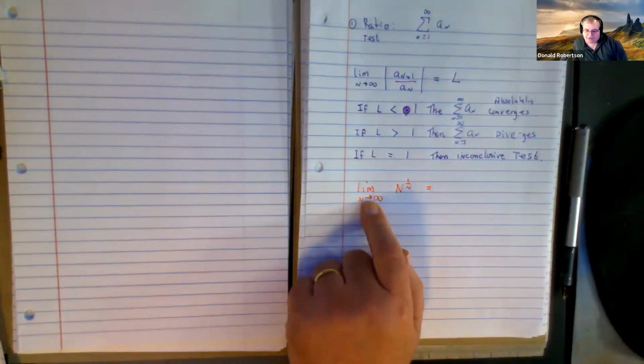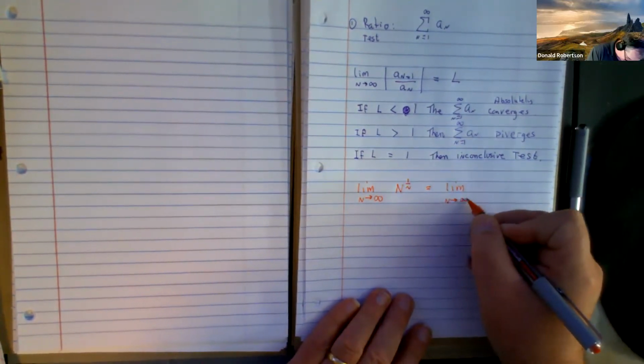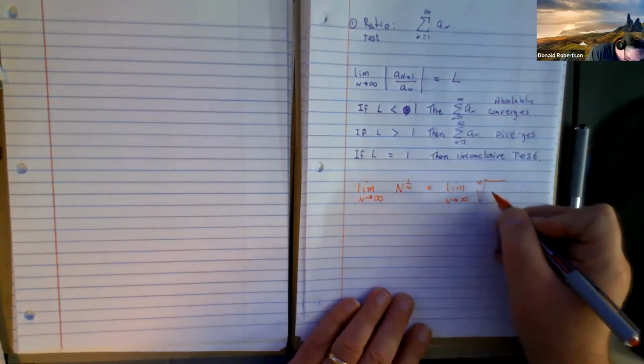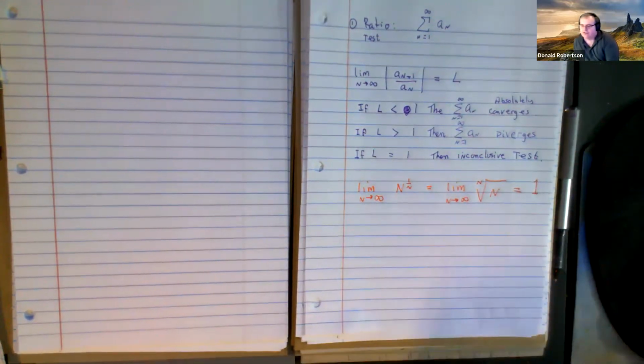The limit as n tends to infinity of n to the power of 1 over n, which is just another way of saying the limit as n tends to infinity of the nth root of n. The answer to this is 1. You're just going to take my word for it. It is 1, and it's been proved by other people, so we know it's true.